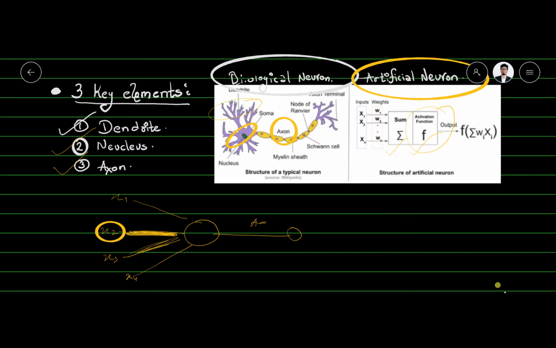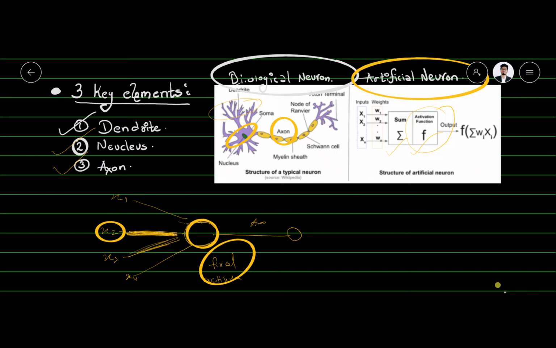If we compare the activation function here to biological neurons, when there are enough signals to a neuron, we say that the nucleus is fired or activated. These are the terms we use in biology, and this happens due to a chemical reaction. All the biochemical things are going on behind the scenes.